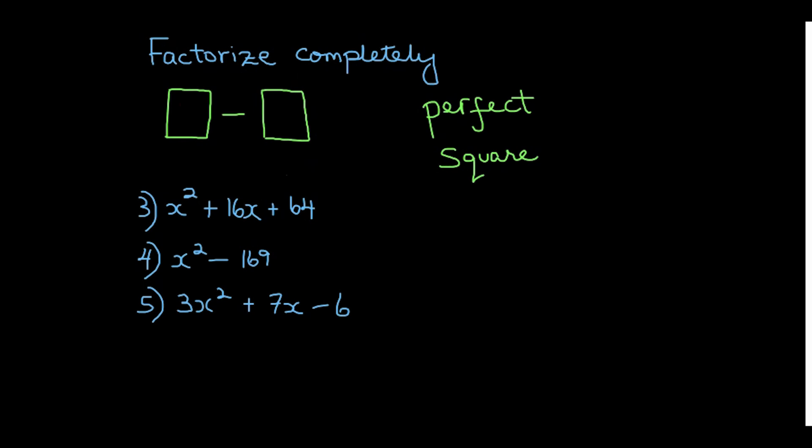Now the perfect square. Can anybody remember what I was talking about? There's a particular way you can identify a perfect square, right? Sometimes you don't realize it's a perfect square until you do complete factorization. But for those of us who could recall how to identify a perfect square without factorizing it first, share with us if you remember anything.